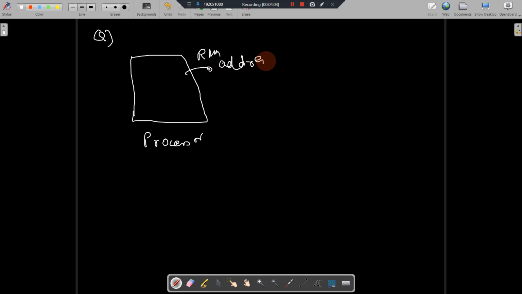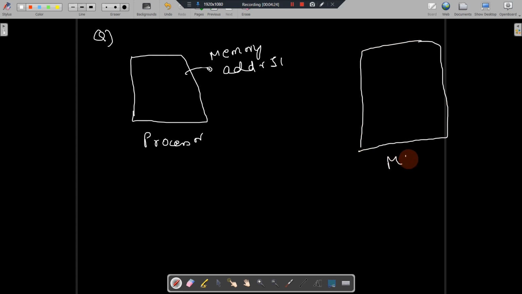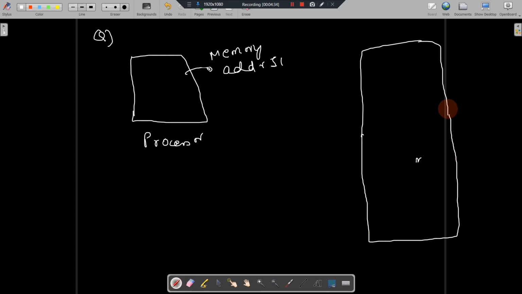Actually it is generating logical addresses, but we will not go into that detail right now. It will generate the memory address of instruction I1, suppose, in this RAM. Let us make a bigger memory. This is your memory.